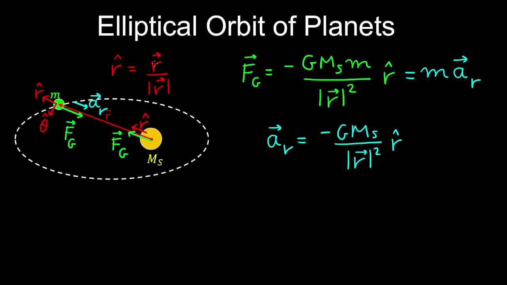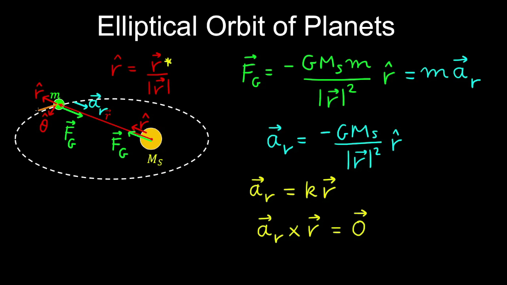So given r hat is the radial vector on its magnitude, then we can see that the acceleration is a scalar multiple of the radial vector. So in other words, the two vectors are parallel, and therefore the cross product between the acceleration and position vectors gives the zero vector.